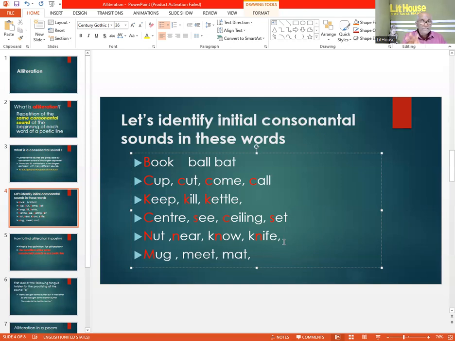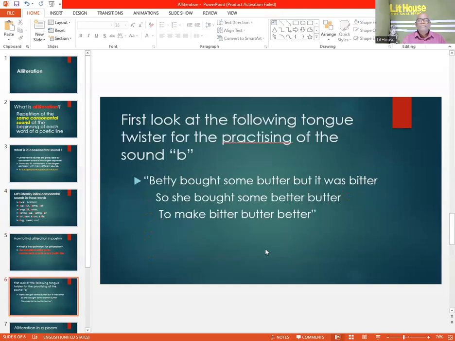We are concerned with these sounds, not with the letters. We don't care about the letters. We care about the sounds produced by these consonants. Right. Try to understand.